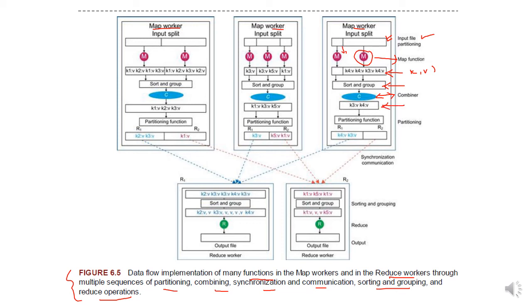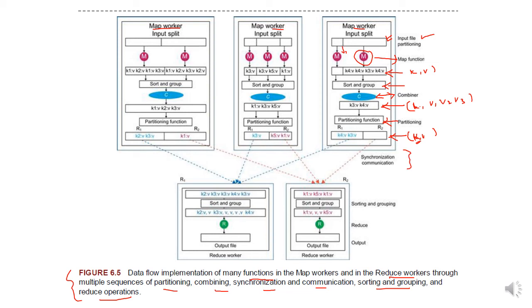This combiner function will produce the output, again a key and different values, key and v1, v2, v3, like that. This will be given to the partitioning function. The partitioning function output will be the same key with a number of values, key with v1, v2, v3, that is, the number of times the particular key occurs.